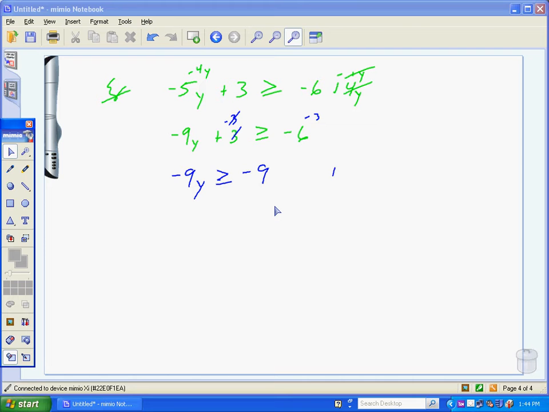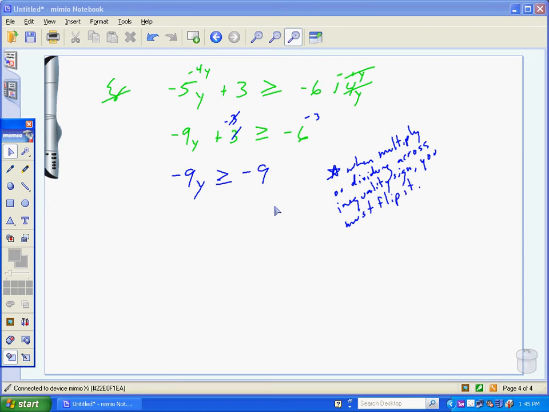So put a star and say, when multiplying or dividing across inequalities, sign, you must flip it.